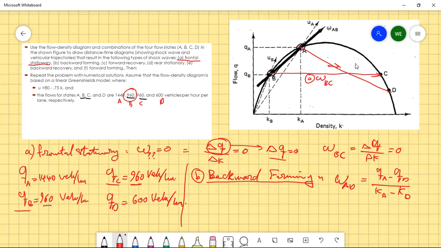So forward recovery could be from D to B, for example.